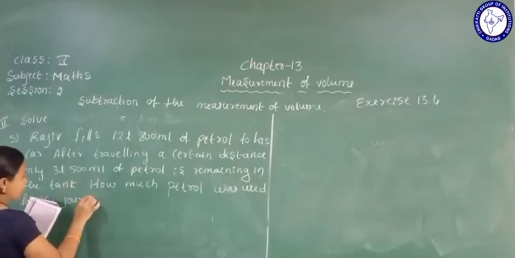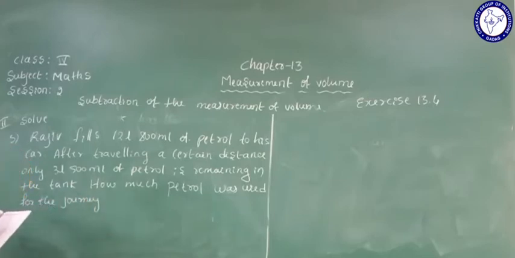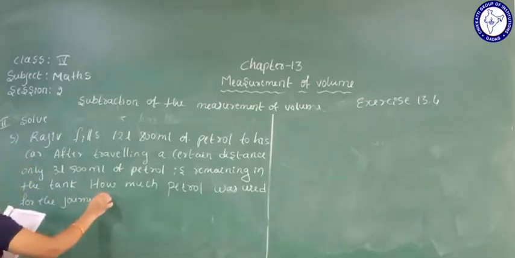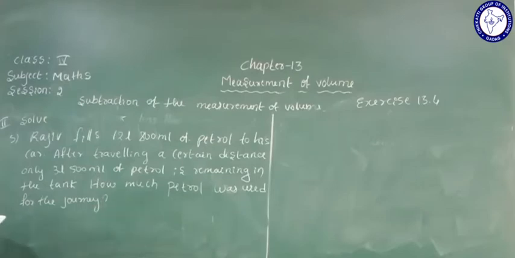Yes, so how much petrol is used for the journey? Here Rajiv fills 12 liter 800 ml of petrol to his car. After traveling a certain distance, only 3 liter 500 ml of petrol is remaining in the tank.